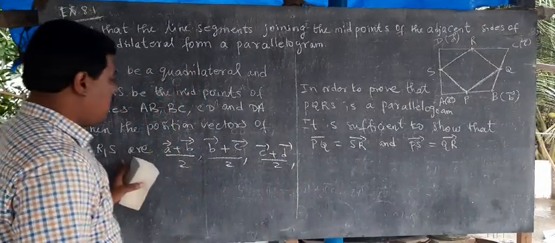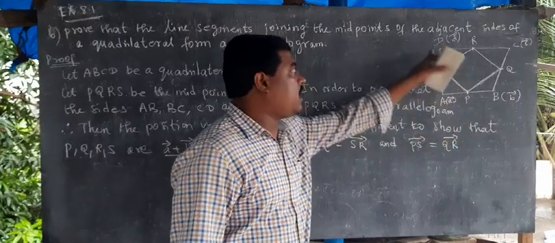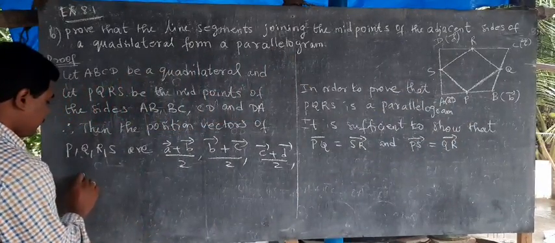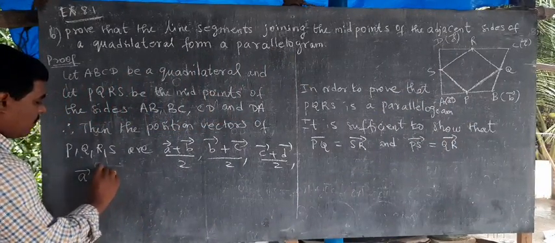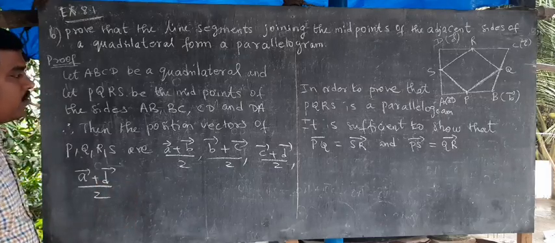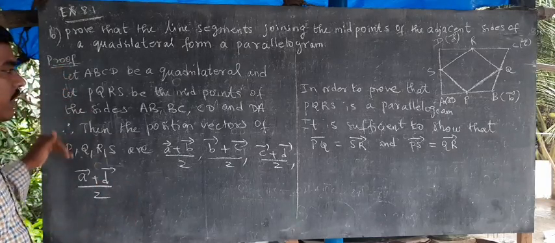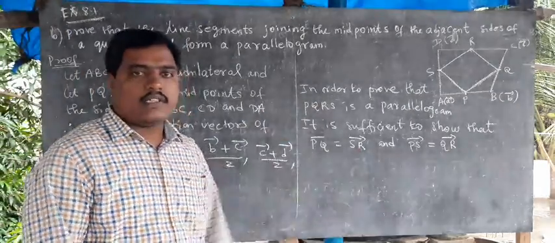And S vector equals A vector plus D vector by 2. Right? So like this we need to form the sentence.